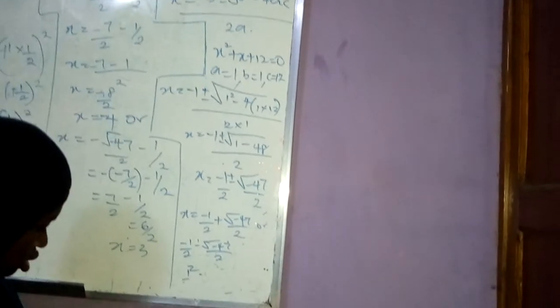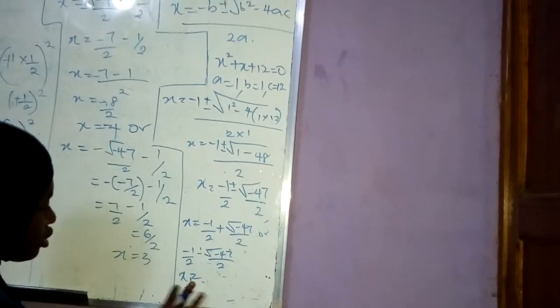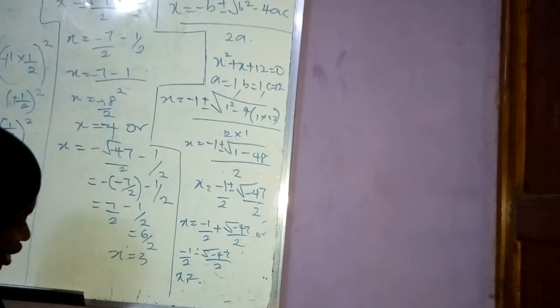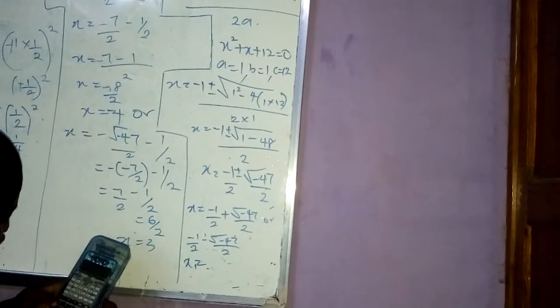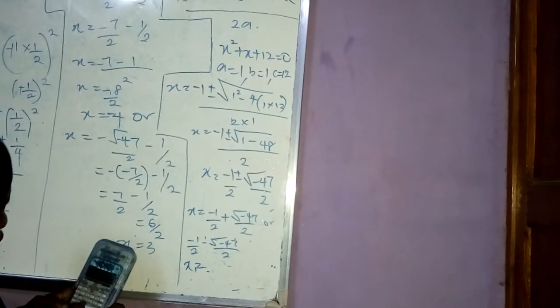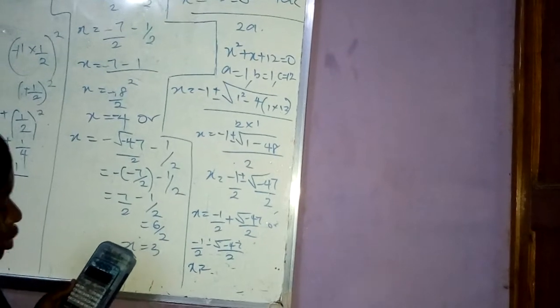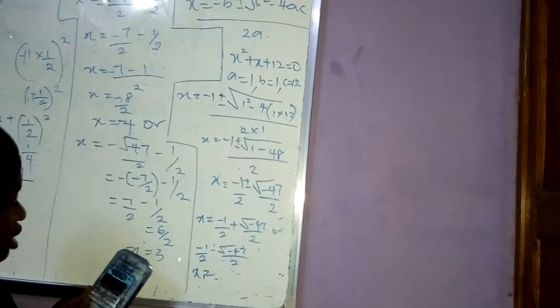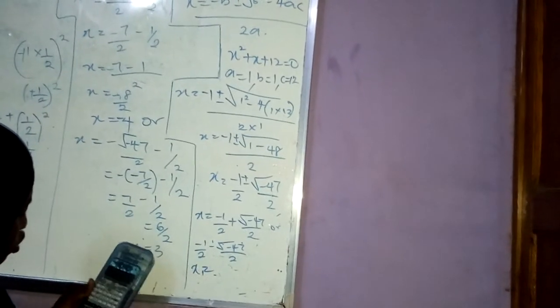Now I'll punch the calculator so I'll tell you the answer directly. Minus 1 divided by 2. If you want to press the calculator, you put inside bracket minus 1 divided by 2 plus open bracket 47, because square roots do not accept minus. You add the minus after, multiply the minus after, divided by 2.